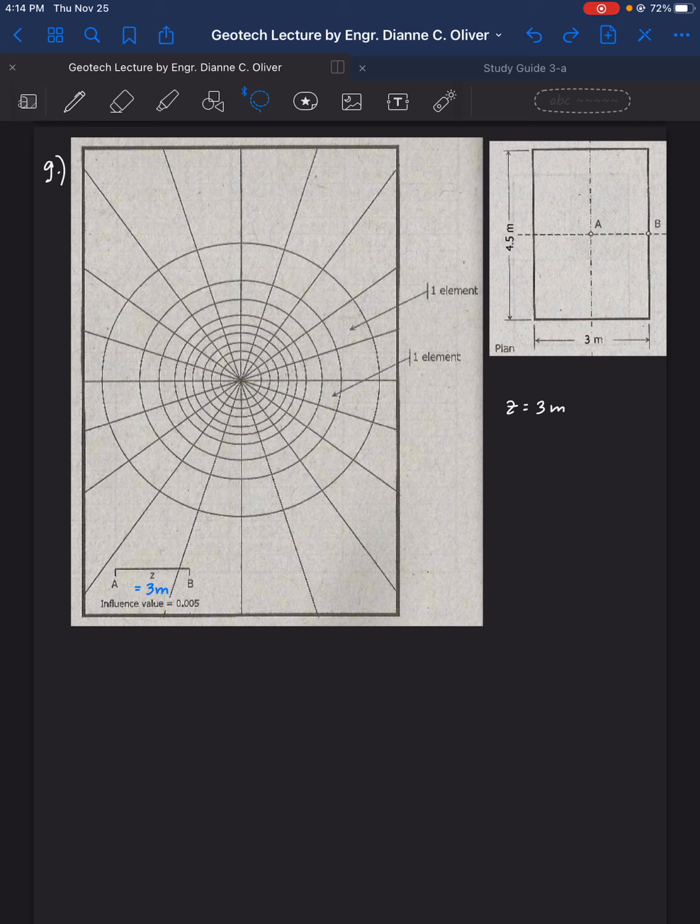So this is point A. So I will use this scale of line here, which should be approximately equal to 3 meters. That's why you need your straight edge, your ruler, to do this, because you will be using it to draw the plan here.